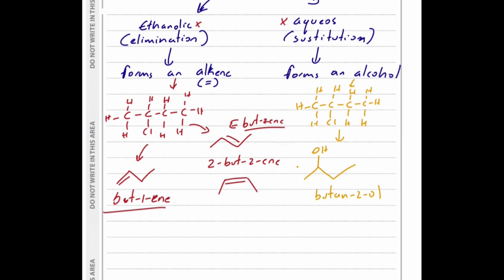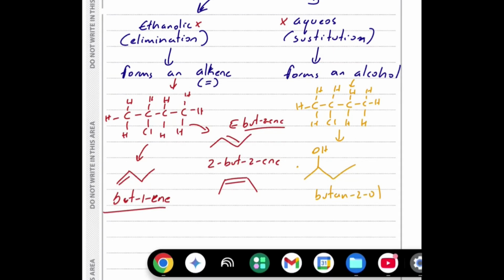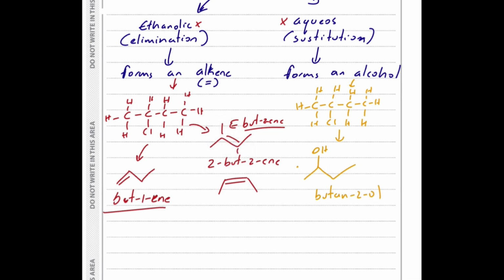But in but-2-ene, the carbons in the double bond have different groups on either side, right? So it shows cis-trans isomers, so there will be E-but-2-ene and Z-but-2-ene, right?